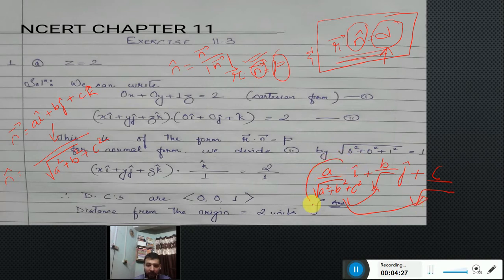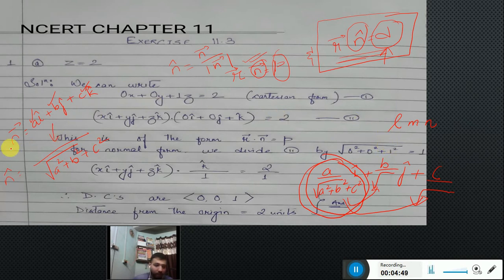Can you see what these are? A, B and C were the direction ratios. So once you divide by the modulus of that n vector, it becomes the direction cosines l, m and n. So in that question you are asked to find the direction cosines.